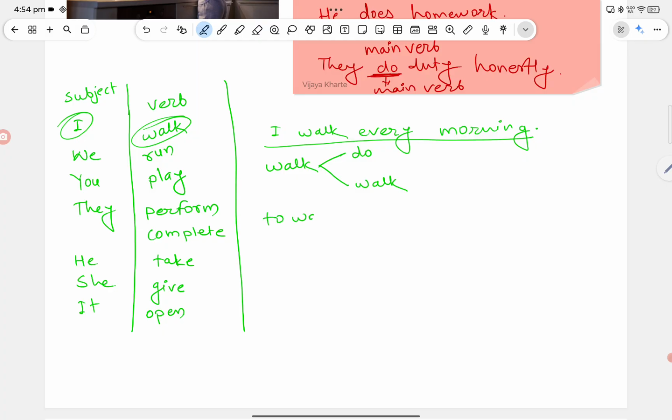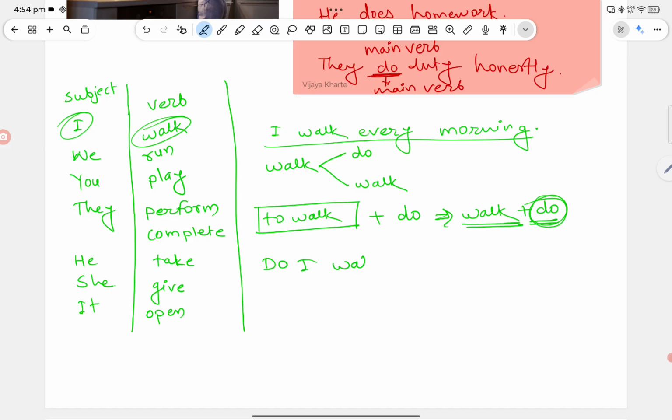And to walk is the infinitive. If we drop to from to walk and add do, it becomes do walk. Then we are using this form of the verb in simple present tense, and it already has do in it. Now we use this do for framing the interrogative sentence. Do I walk every morning?